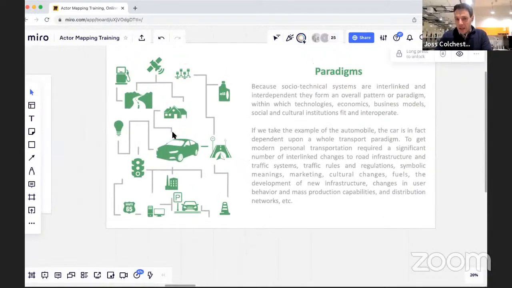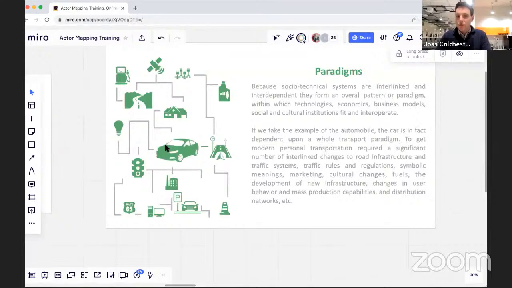Frank Geels, in his work, studied a lot the evolution of the automobile, particularly in America, and how that rose to prominence. And we know that the car is not just the car, right? It's many different things that had to co-evolve to get us to where we are in terms of the dominance of personal automotive transportation. So we obviously had to develop the car, but we also had to develop roads.